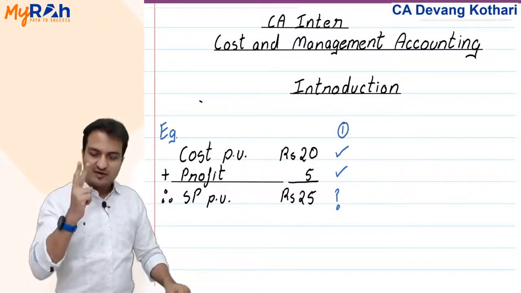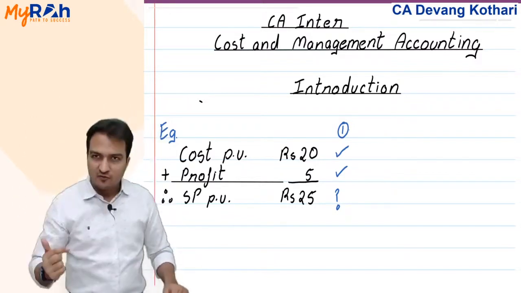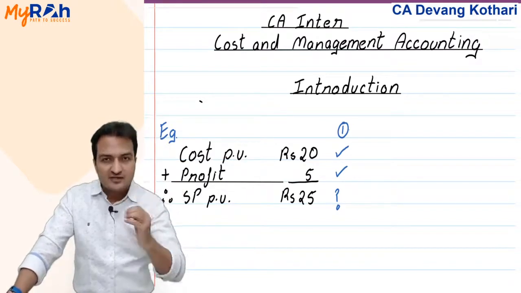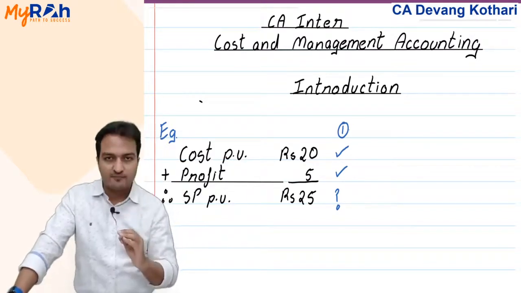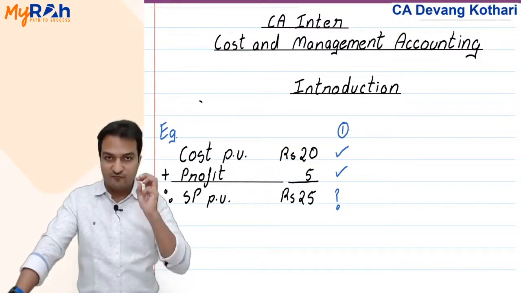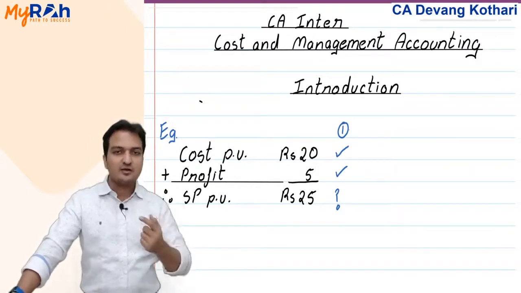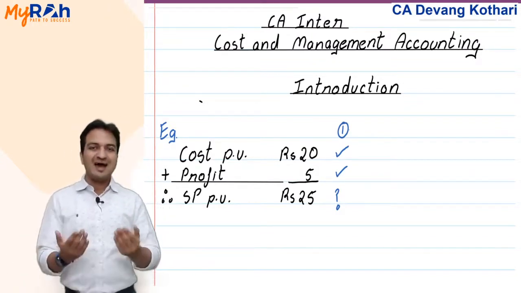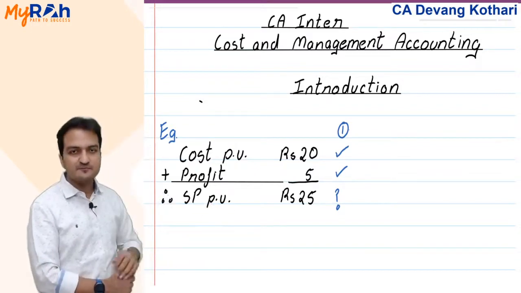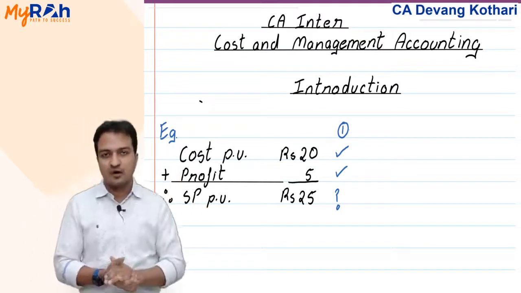So my difference number two is that financial accounting is done at the end of the year. Cost accounting is done at the beginning of the year. But then there is another problem, which will be my difference number three. Listen carefully. If cost accounting is done at the beginning of the year, do I know what my cost per unit will be?